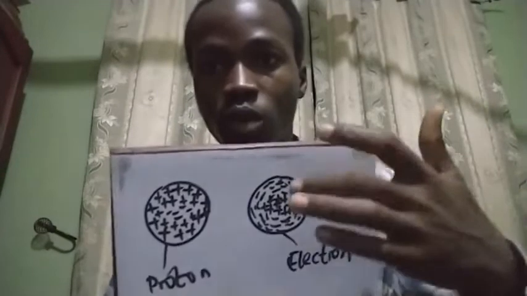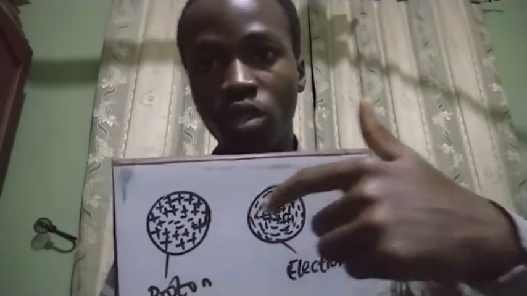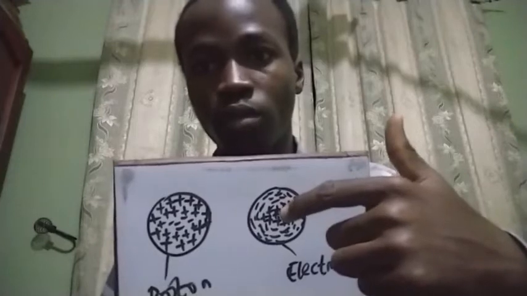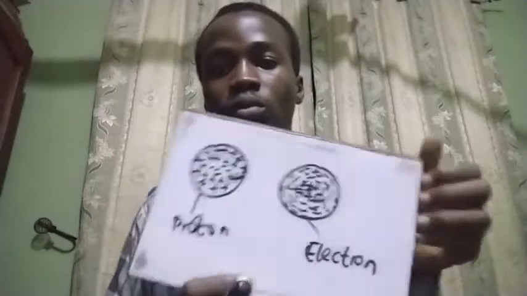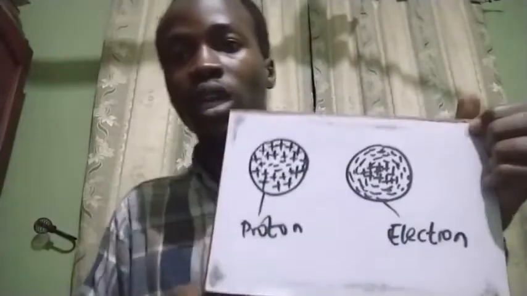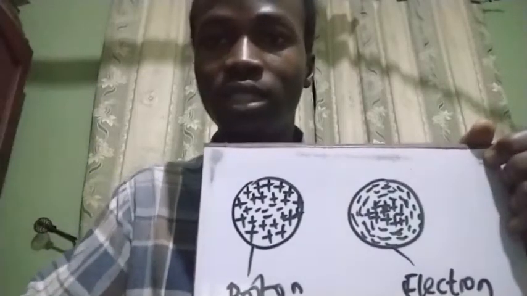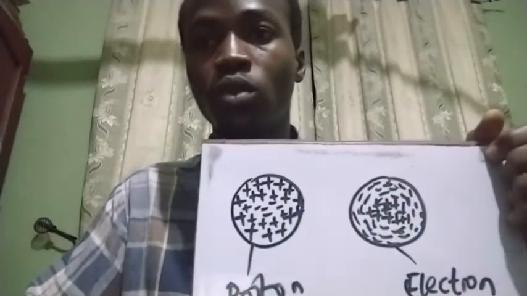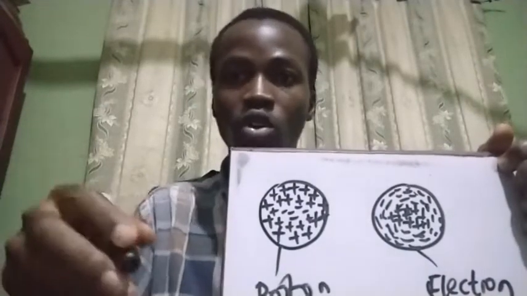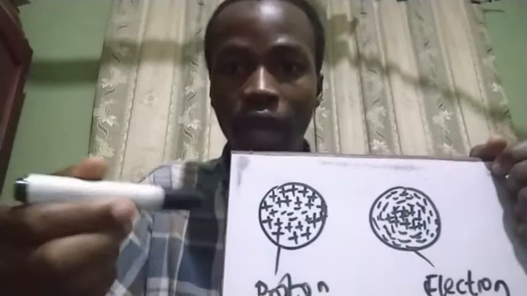So what is really happening is that this is the way normally they attract each other. The positive charges of the proton pull the negative charges of the electron, while the positive charge of the electron pulls the negative charges of the proton. The reason why two or more protons can stay inside the nucleus of an atom together is because of the neutrons, which are not fixed like this.